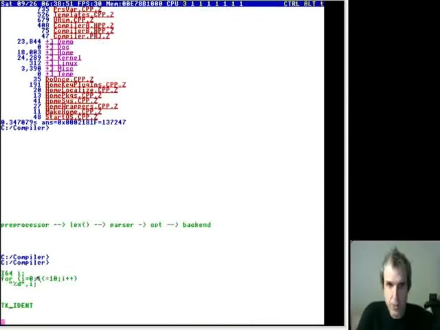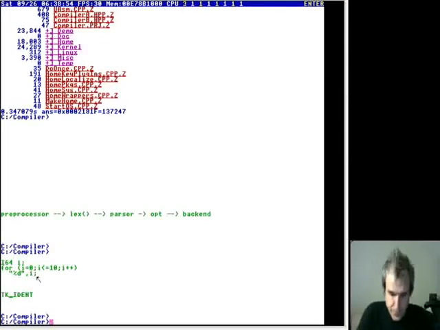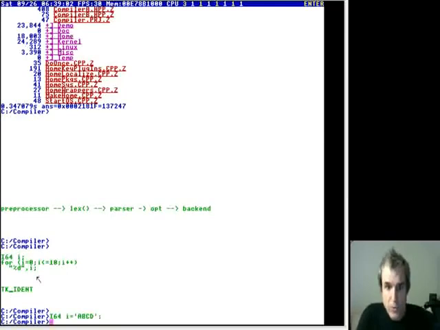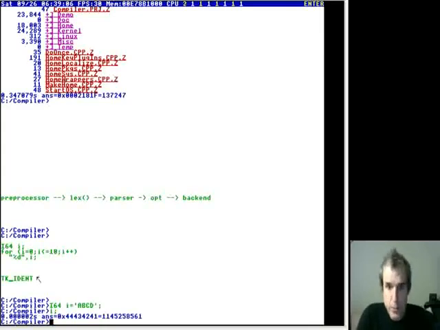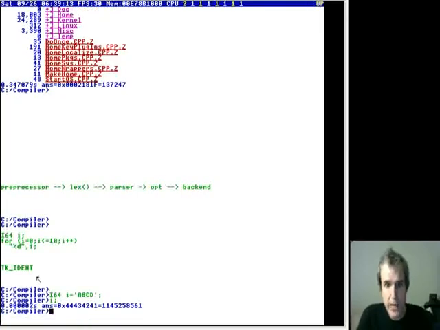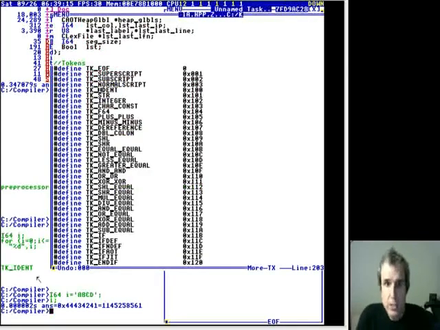Let me just show you what I mean. If you say I64 I equals quote A, B, C, D, in normal C you can only have one character, but in here it makes an integer by just shifting in multiple characters. Anyway, so we can have a character constant, a float.